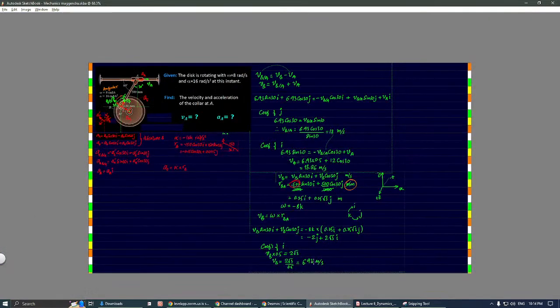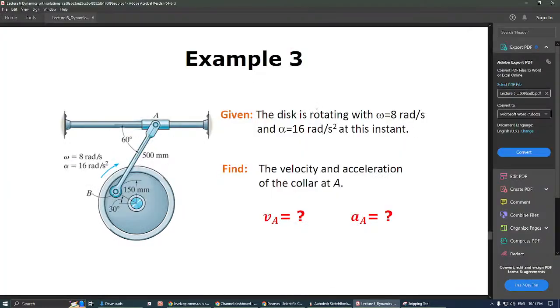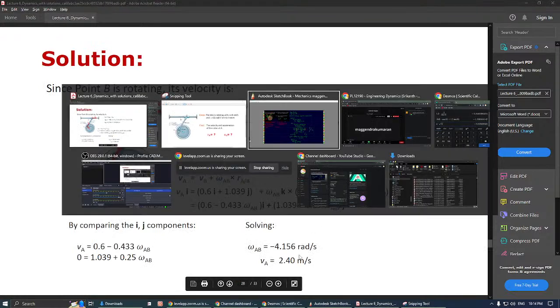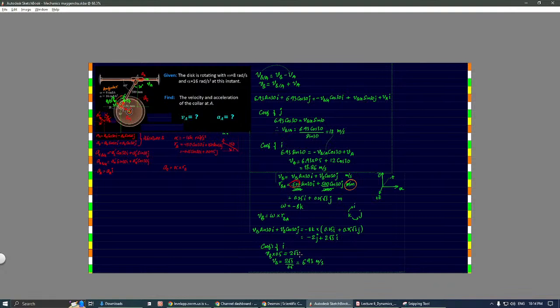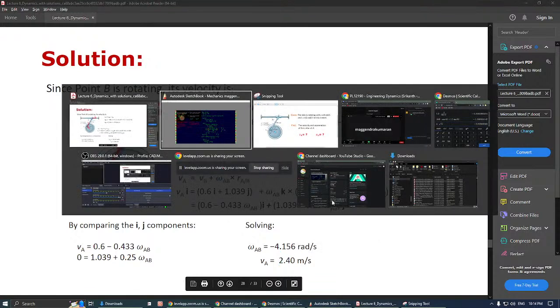So we made a blunder here. These velocities are wrong, so here also we get a mistake. What is the velocity that they got in the PDF? Velocity of A is 2.41, and we got 13.86. So we made a mistake.